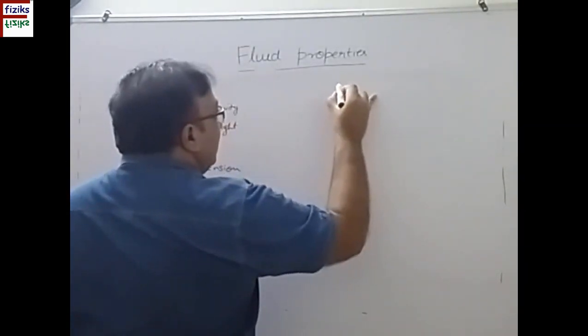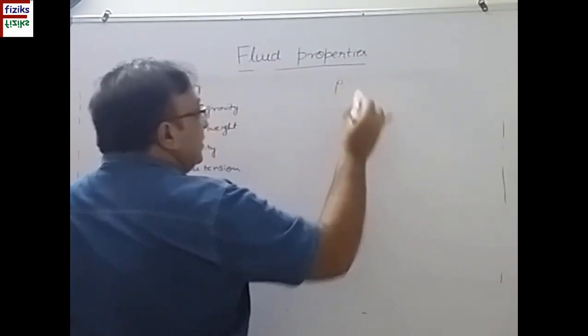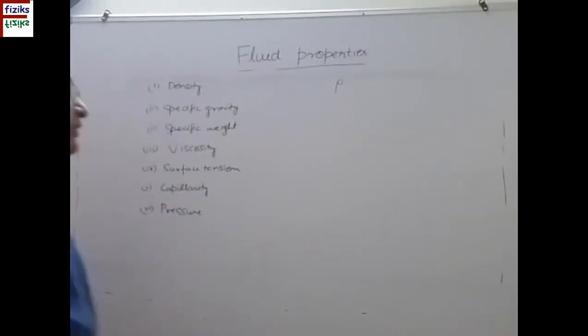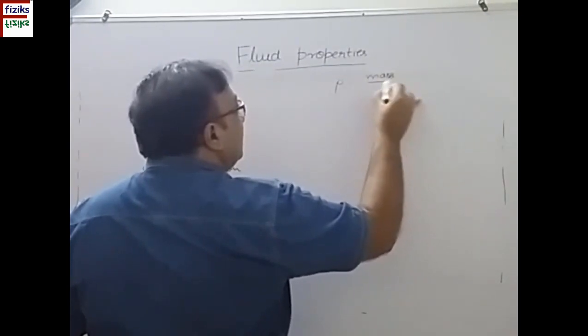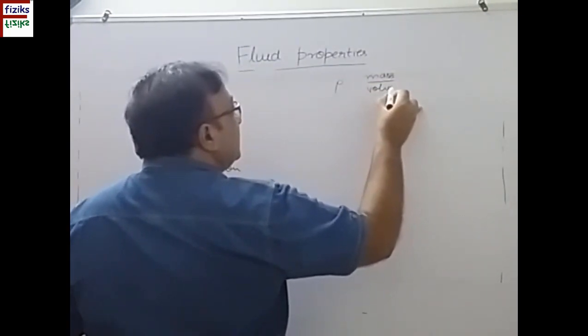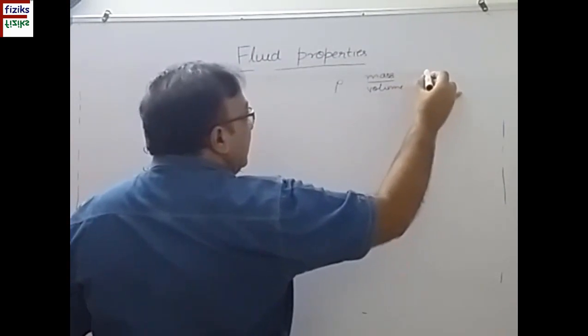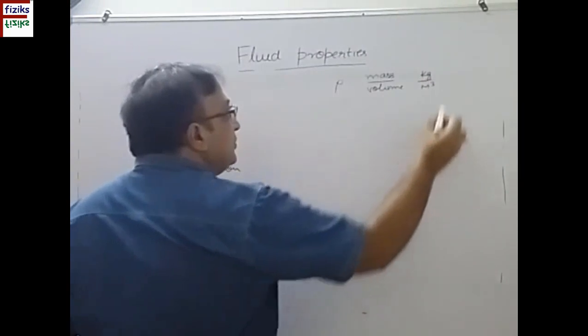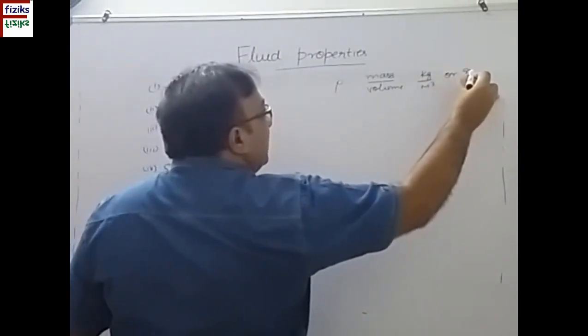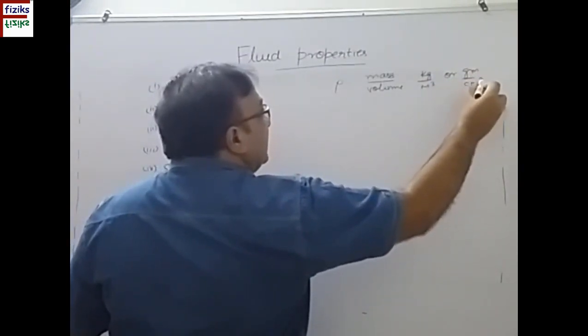The density of a fluid, denoted by this rho symbol, is defined as mass per unit volume. Its unit is kilogram per meter cube or gram per centimeter cube in CGS system.